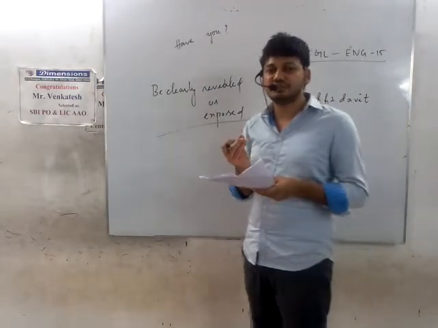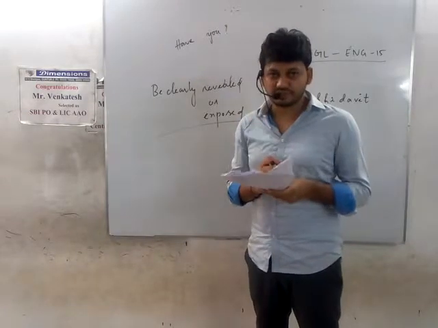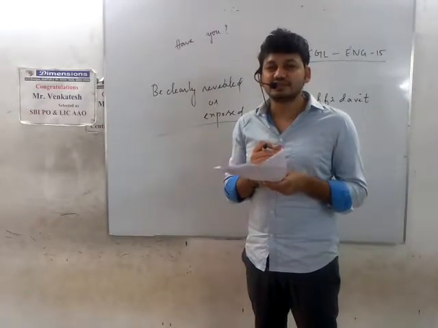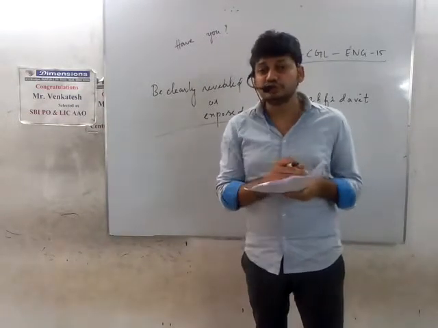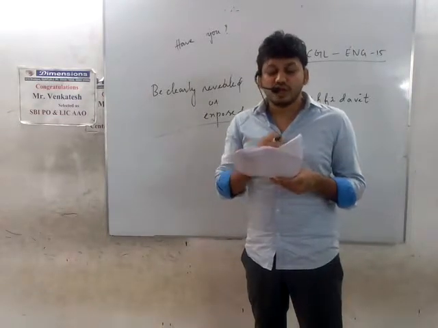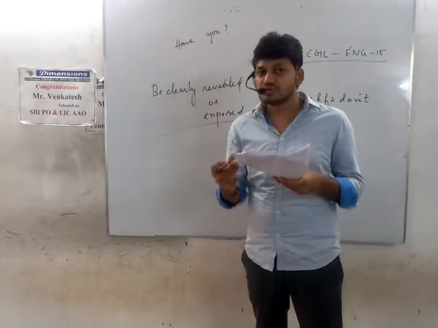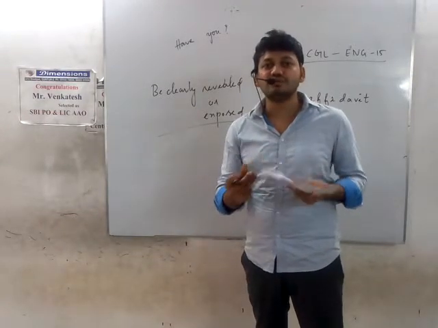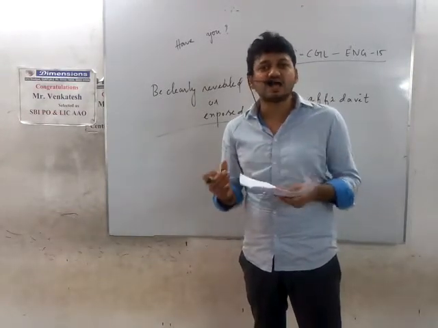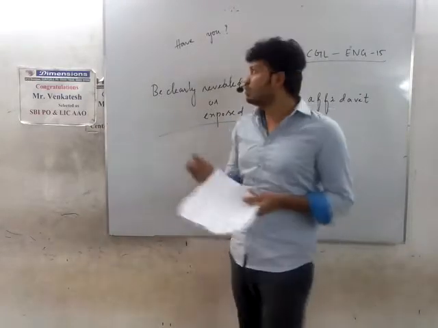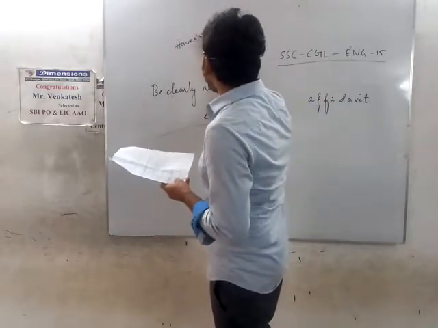The sense of the sentence is positive. So whenever the sense of the sentence is positive, you will use the negative tag. You have been working very hard for the past 2 years, haven't you? So that's how it should be. It should be haven't you.